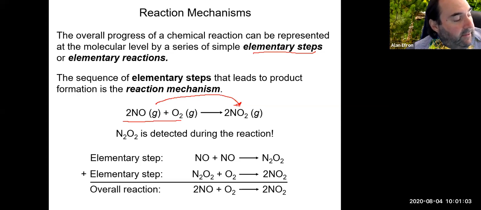In general, if there is a mechanism that is proven to be a good mechanism, it doesn't necessarily mean that 100% of the time that's the route or process by which that reaction takes place. It just means that these are a possible, probable way that that reaction could occur through these series of steps.